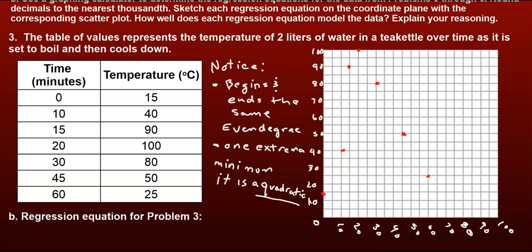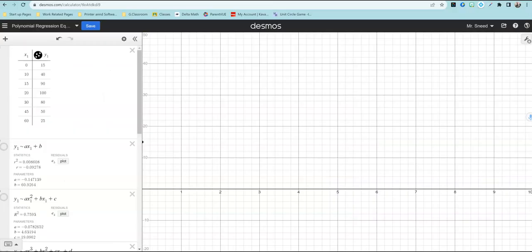So that's part A. Part B is to figure out the regression equation. Now, in a different video, I show you how to use the graphing calculators to do this. In this video, I'm going to show you how to use Desmos. So we're going to pull Desmos up. I already typed the data values in.